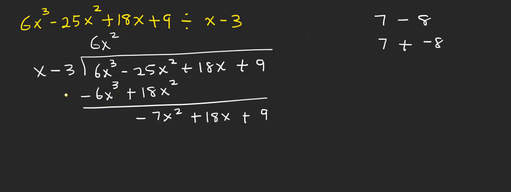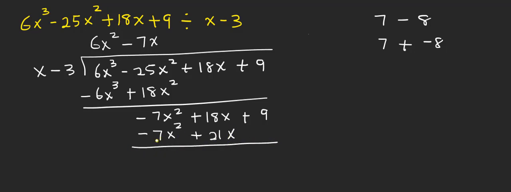Now we're going to repeat the process. Compare the first terms. x times what will give you negative 7x squared? That's negative 7x. Now multiply, distribute again. You will get negative 7x squared plus 21x.